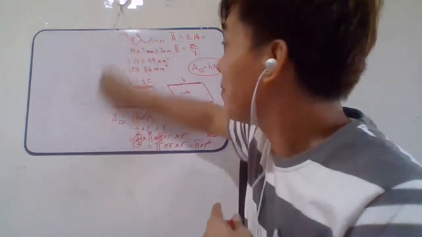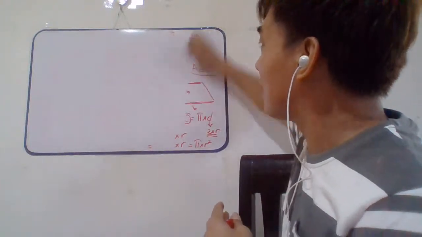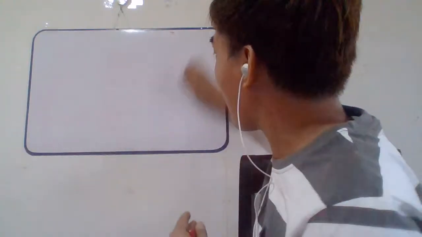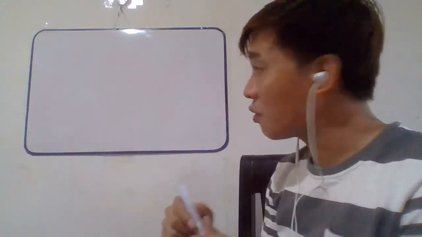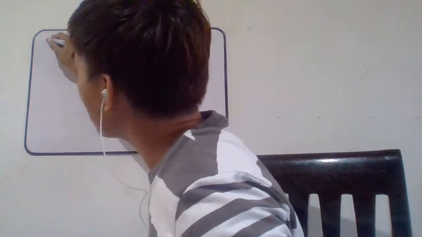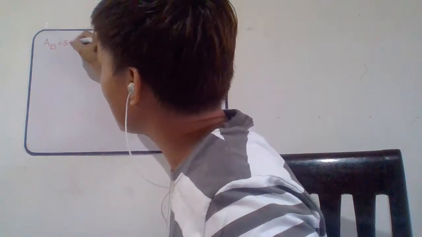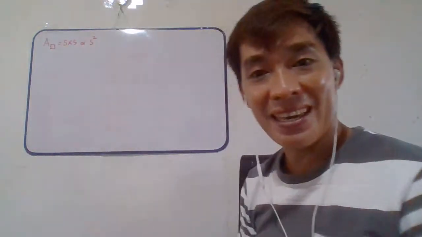After the 28 minutes live, I already discussed with you the different formulas for the area, because we will need that. That's very basic, so once again, let's review. The area of the square is always equal to side times side, or side squared.